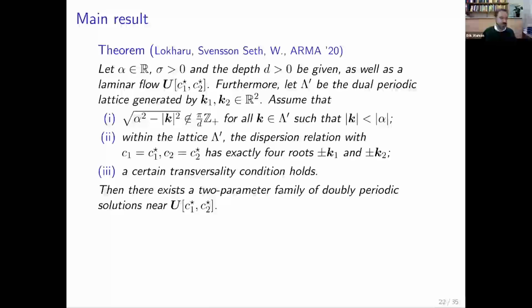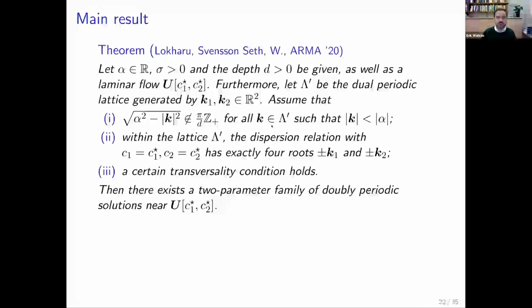Okay, so I'll say something about the main result. So we fix alpha, it's arbitrary, so it could be 0 actually, sigma and d, as well as the laminar flow. And we get lambda prime with a dual lattice. And then we need to make certain assumptions which we can verify in special cases.